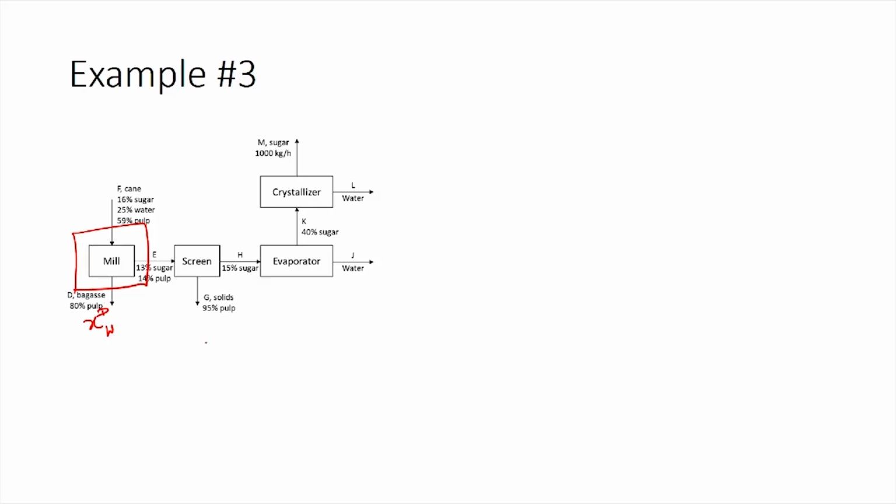Let us first start with the total balances. The total balance for the system mill would be F equals D plus E. We already know the value for E, which is 7819. So, F equals D plus 7819. Now, we can write component balances.